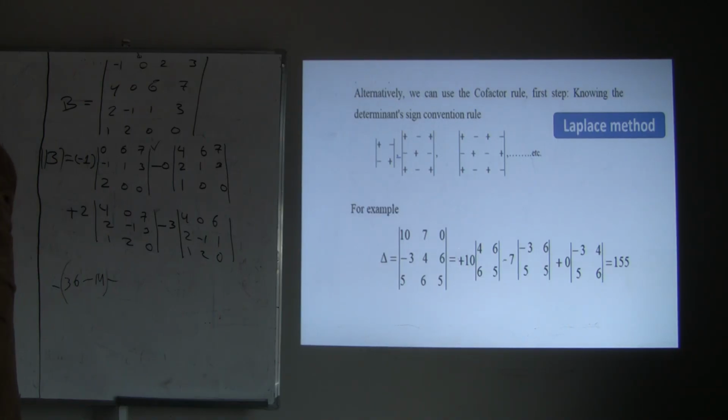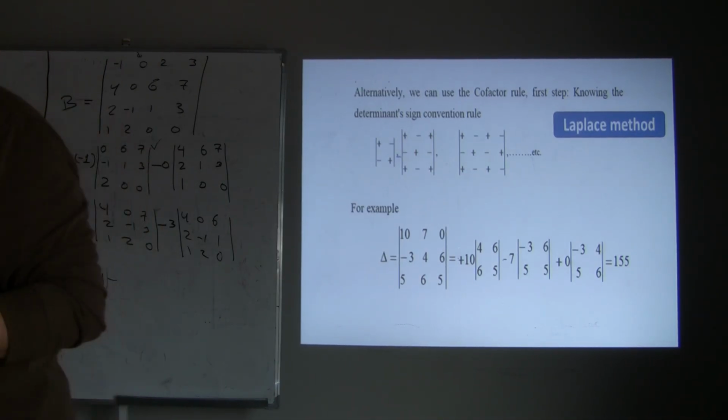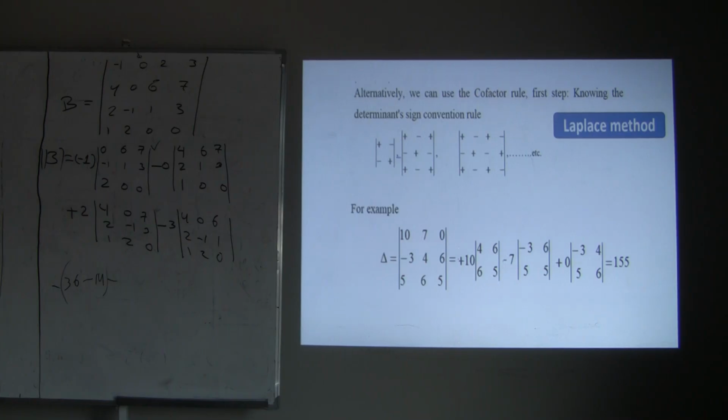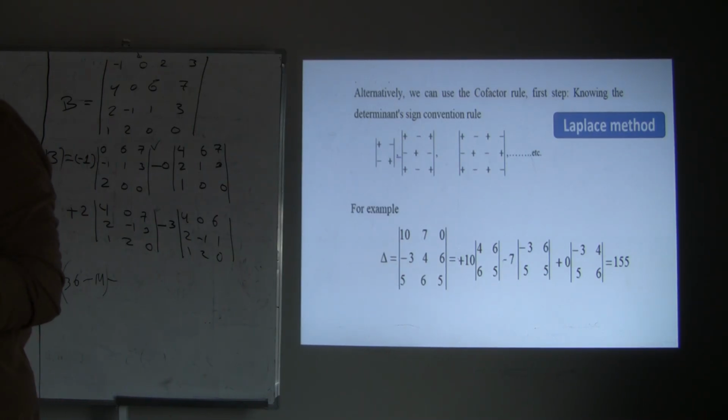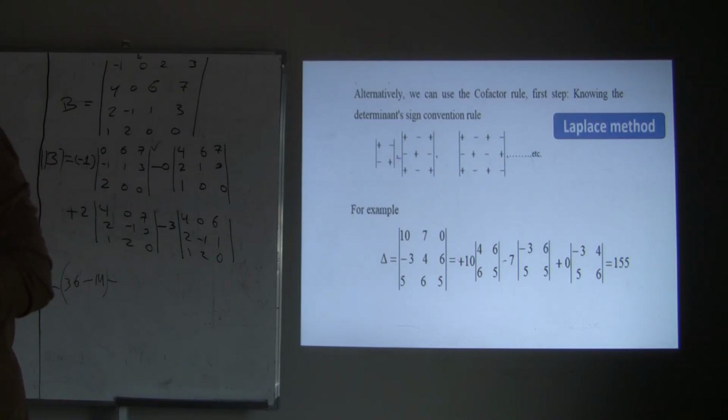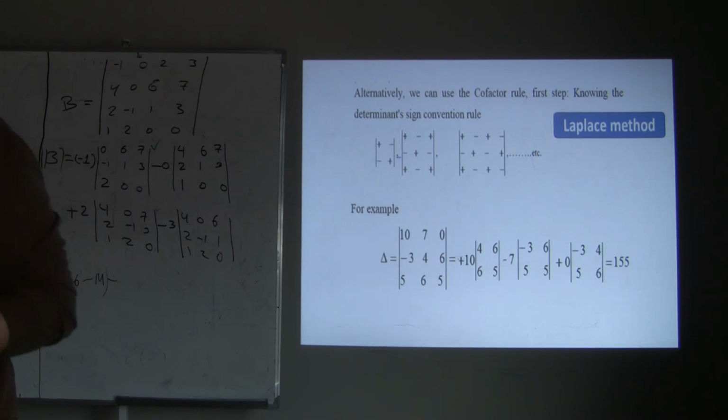So for evaluating the 5 by 5, you will end up evaluating 20 determinants, each of dimension 3 by 3. If you use the Sarrus rule for each 3 by 3, it's going to be 60 determinants of 2 by 2. This is one of the major problems with dealing with determinants.